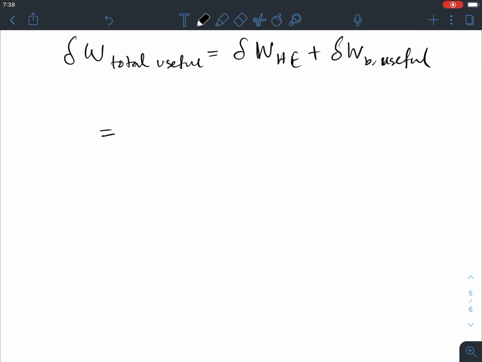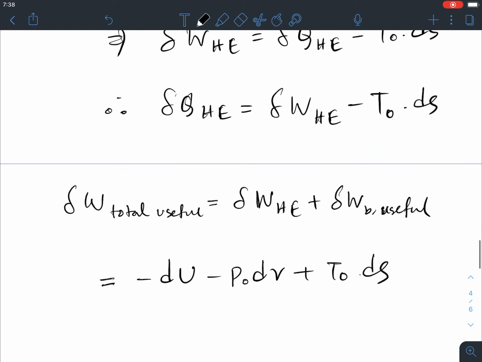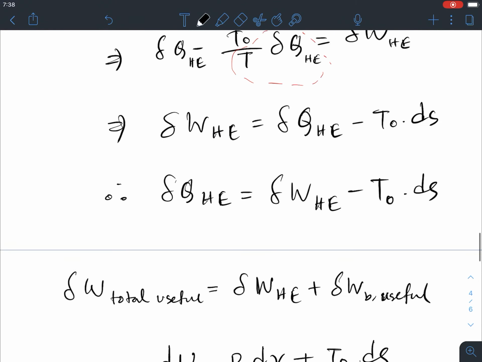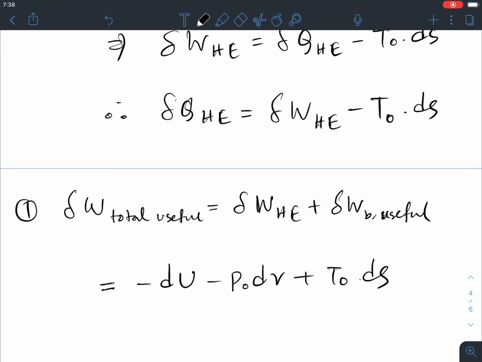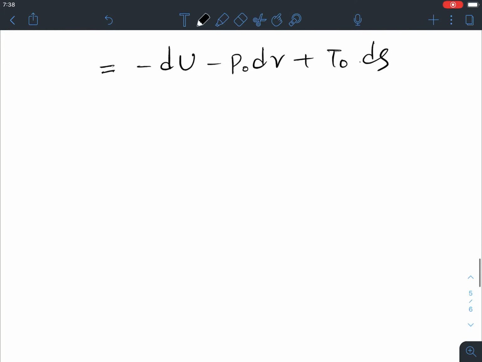So we saw that delta W heat engine equals minus, actually this useful work equals minus dU minus P naught dV plus T naught dS. Basically I just plugged the useful work and heat engine work values into equation 1. So equation 1 becomes like this, if we would like to determine the total useful work.